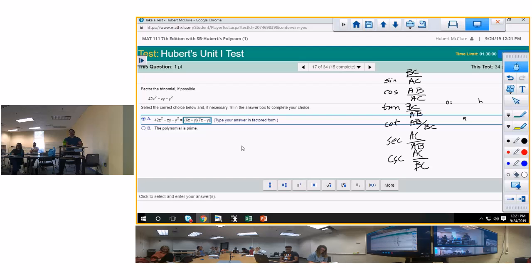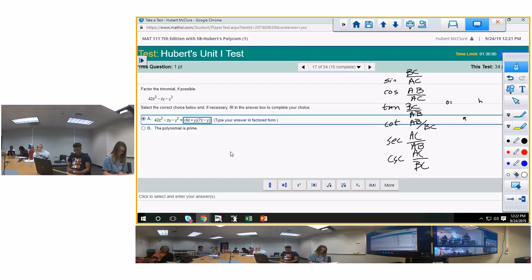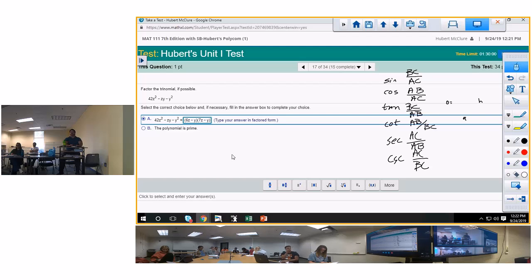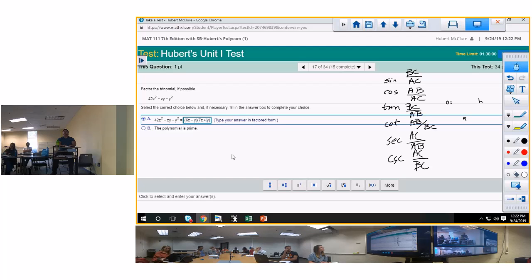I did that in my head. No, it'd be -7 right here and positive y right there, because we want a -1. So that'd be a negative, and that right there would be a positive. Try to do it on notebook paper and check me.